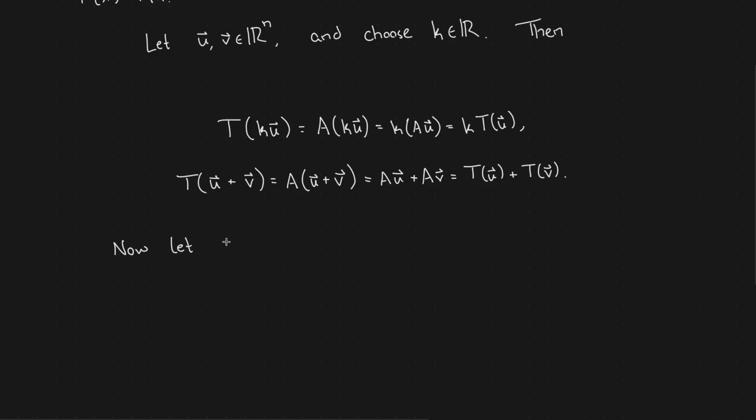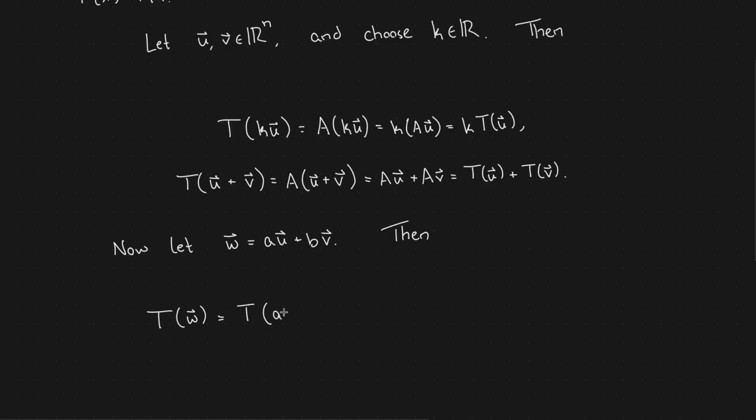Now let vector w be equal to a times u plus b times v. So that is, vector w is a linear combination of vectors u and v. Okay? Then if I want to find the transformation of vector w, well, look what happens.